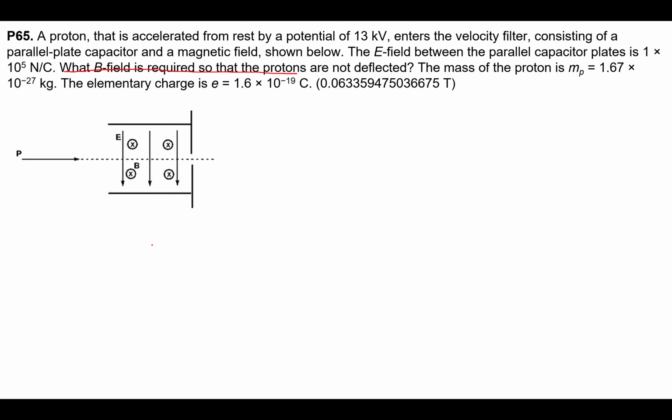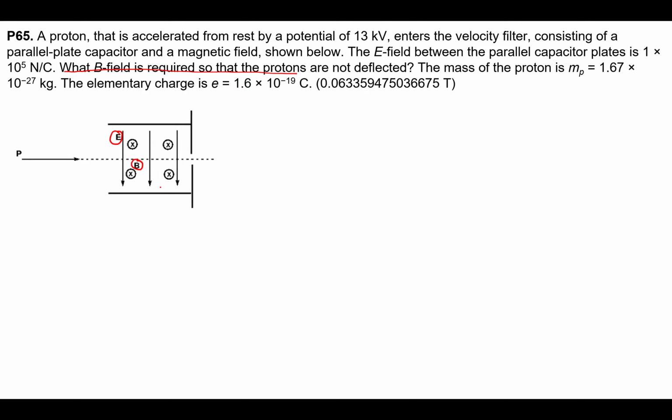Once again, now we have an interesting case where both the electric field and the magnetic field are present. If you look at it, the protons are moving in these directions, and for the magnetic field, it is a perpendicular plane, so you will have a circular motion.